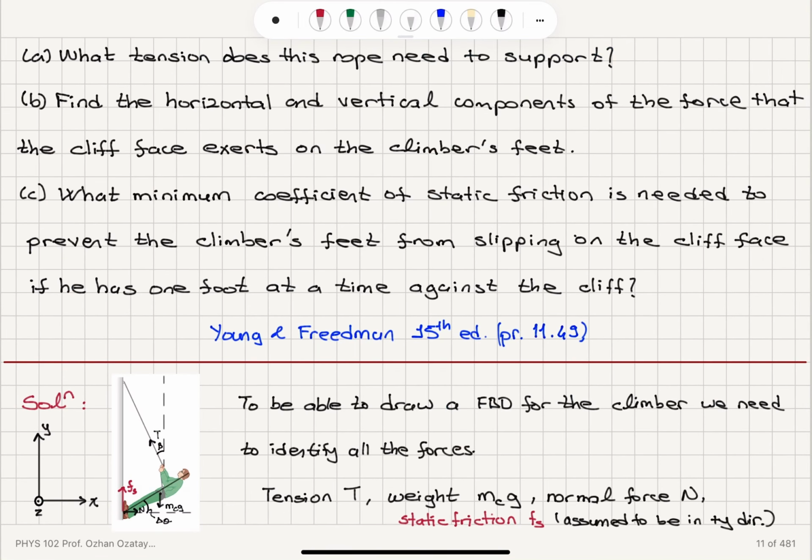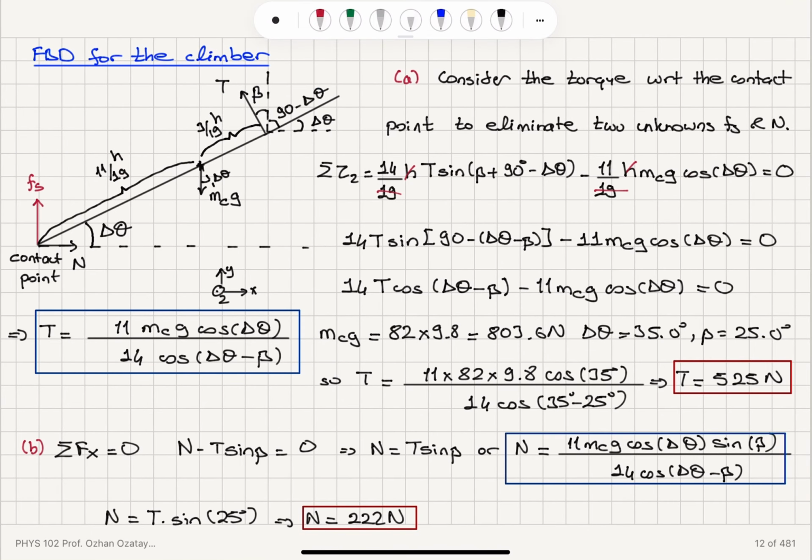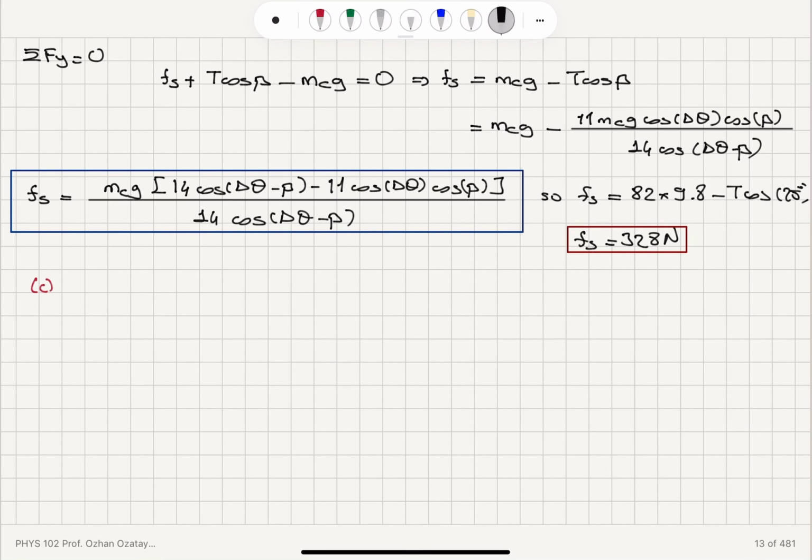Let's move on to part C. What minimum coefficient of static friction is needed to prevent the climber's feet from slipping on the cliff face if he has 1 foot at a time against the cliff? Okay, now this is the static friction we need in order to avoid slipping.